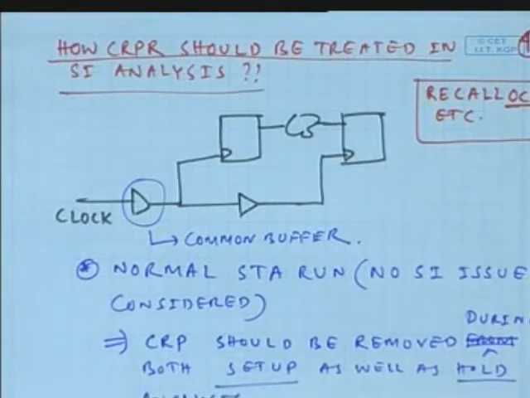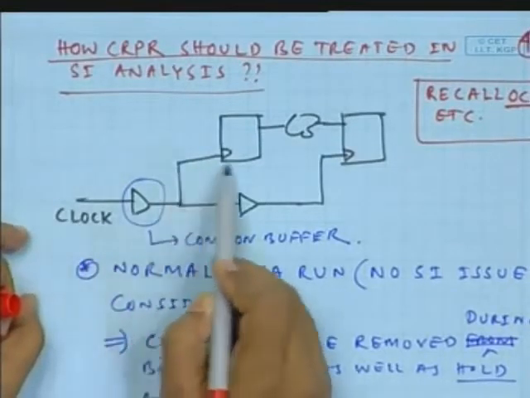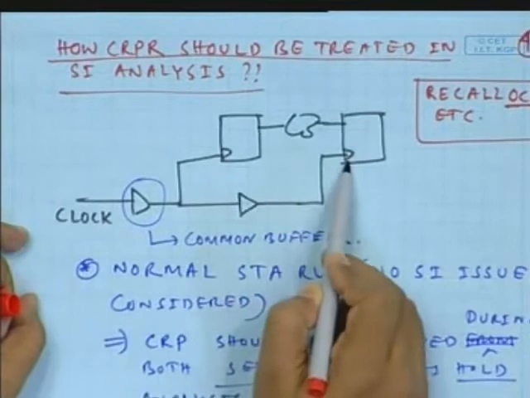How CRPR I talked about earlier, yesterday, clock reconvergence pessimism removal. When you do that, when you are doing the on-chip variation analysis, okay? And in today's world, you have to do on-chip variation, okay? So, how should CRPR be treated in SI analysis? SI means signal integrity analysis, okay? So, just remember this figure, there is a clock, there is a buffer, this is my data path, this is my clock path.